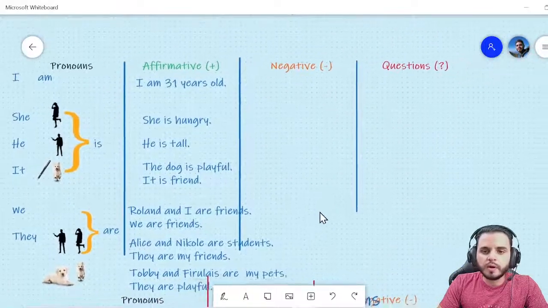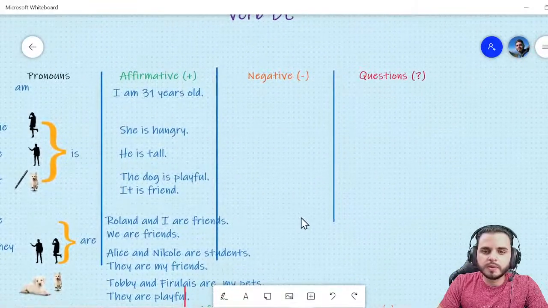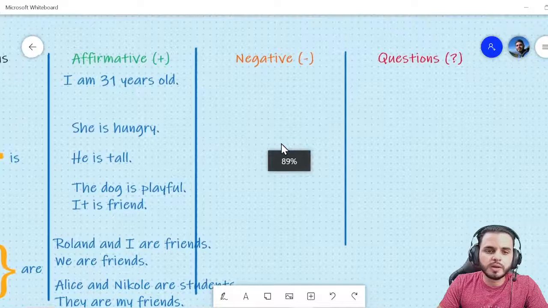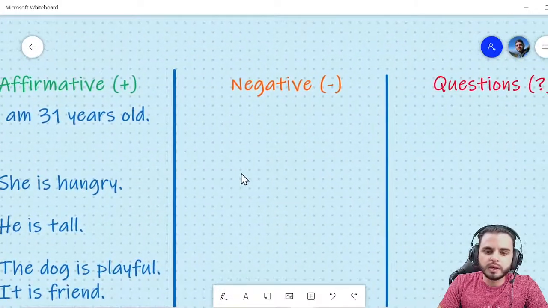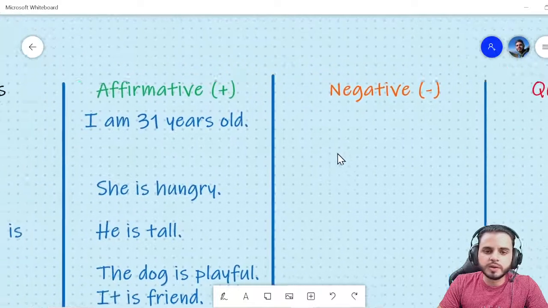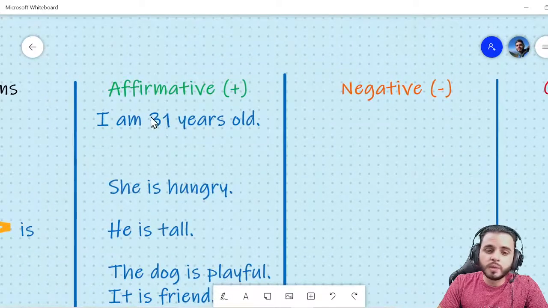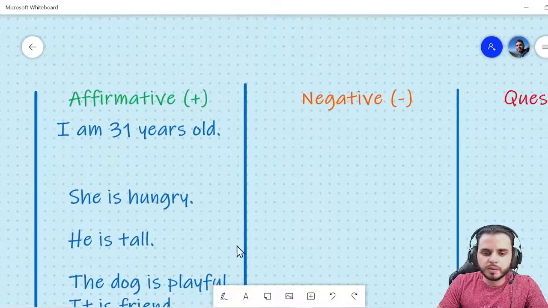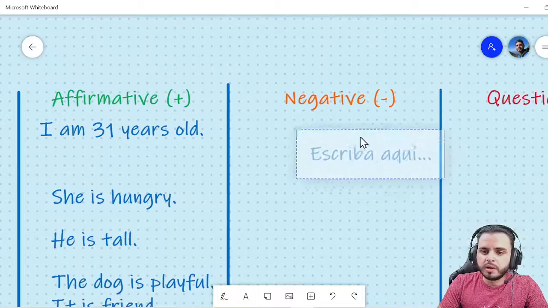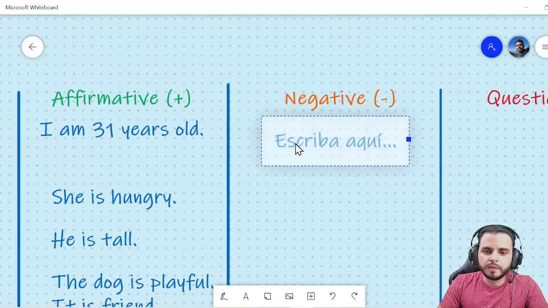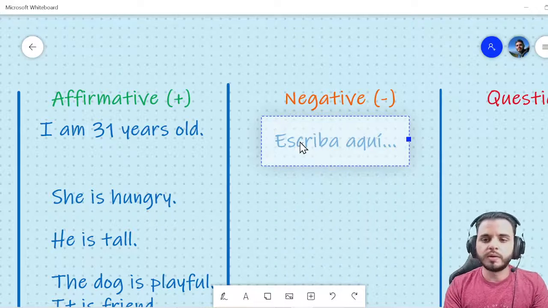Now, but what if I want to say a sentence with a negative meaning? For instance, if I am not 31 years old, maybe I am 32. So I'm going to use the verb be in a negative way.